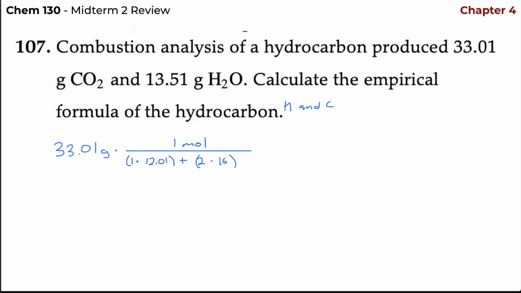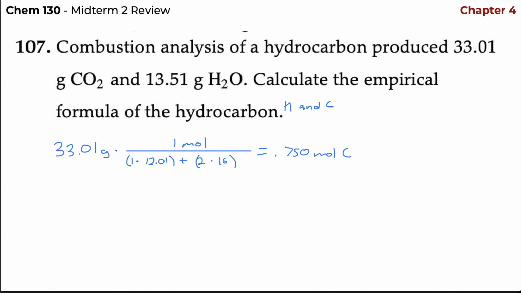There's only going to be one C for each of these moles, so we don't have to multiply by anything. That is just how many moles of carbon there were, which is 0.750, right?